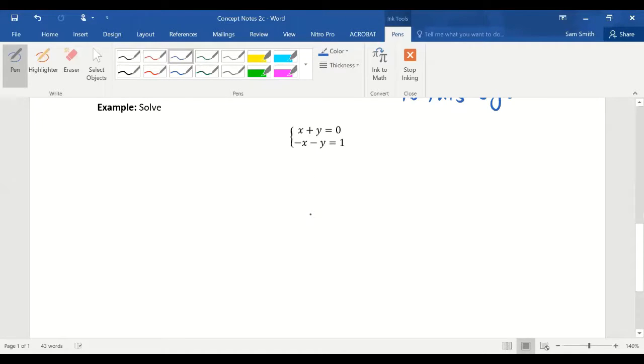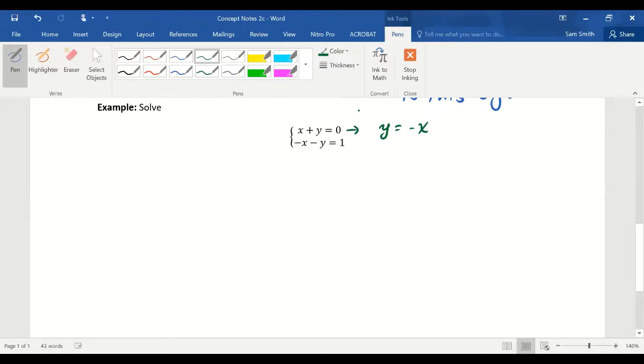Okay, example, solve this system. x plus y equals 0, negative x minus y equals 1. Now, if you decide to use an algebraic method here, say for example that I take the first equation and isolate y, then y equals negative x, from subtracting x from both sides.